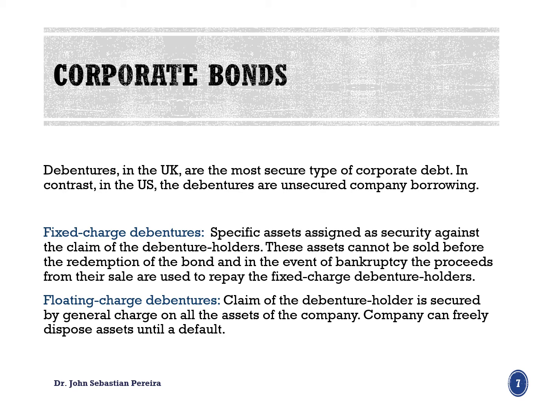On the other hand, the floating charge debenture is a claim secured by a general charge on all the assets of the company. So unlike a fixed charge debenture, there is no term that sets the company to be unable to sell the assets. The company can still do that.